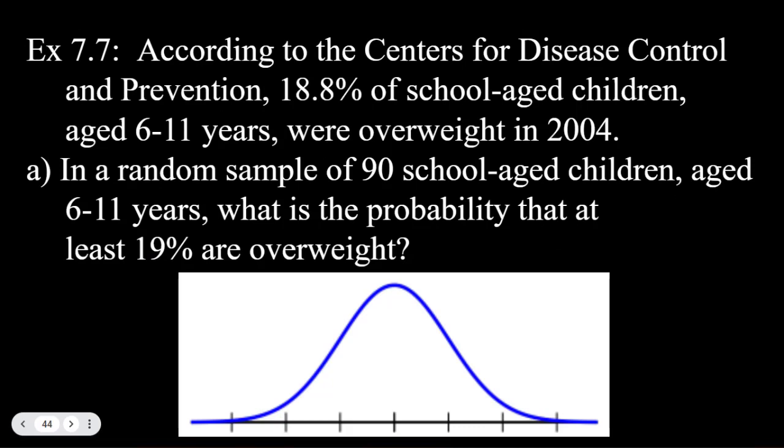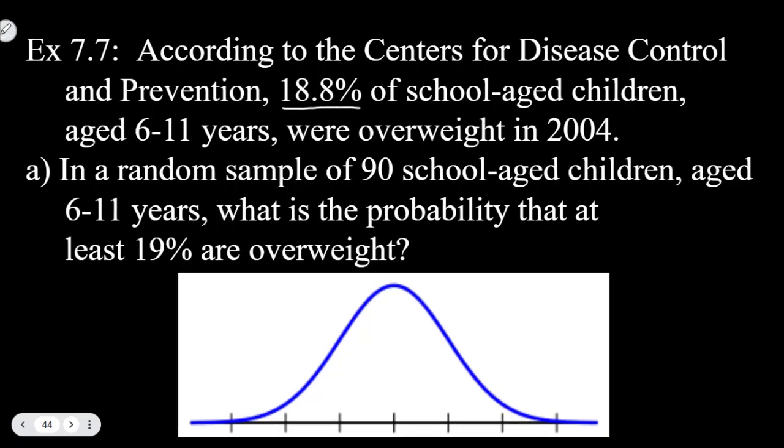Example 7.7. According to the Centers for Disease Control and Prevention, 18.8% of school-age children aged 6 to 11 years old were overweight in 2004. In a random sample of 90 school-age children aged 6 to 11, what is the probability that at least 19% are overweight? So let's start out with identifying the different parts that we have here.